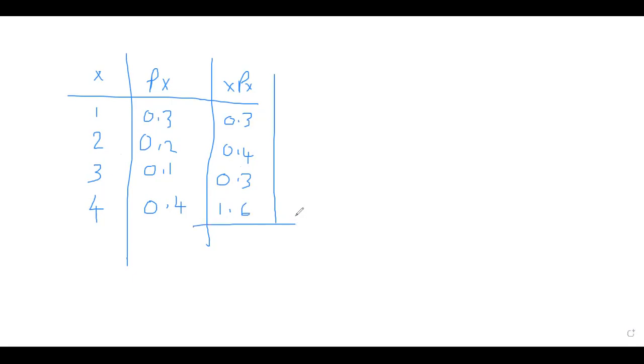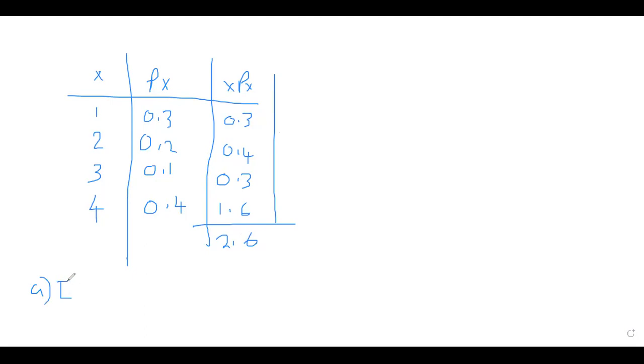Adding these up is what gives us our expected value. When we total this up, we get 2.6. So this is called our expected value, 2.6.